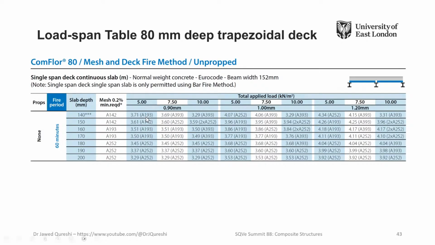And for 80 millimeter, you would see that we have more spanning capability. We have 3.7. For 50, initially it was 2.79, so an increase of 1 meter. And again, if you're using thicker sheeting, then it will have more spanning capability.